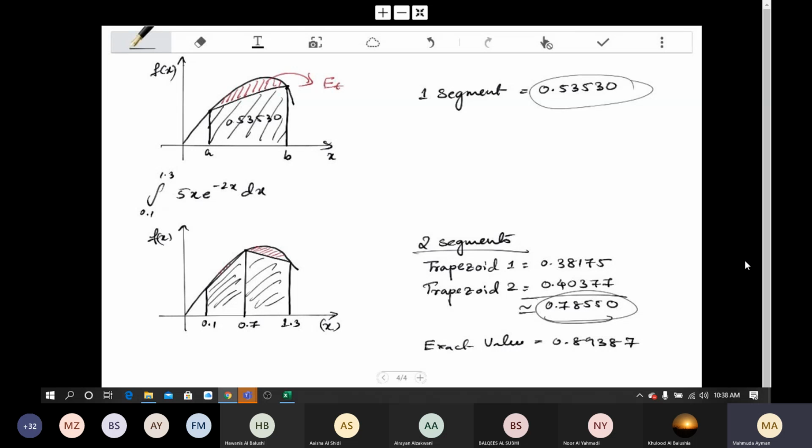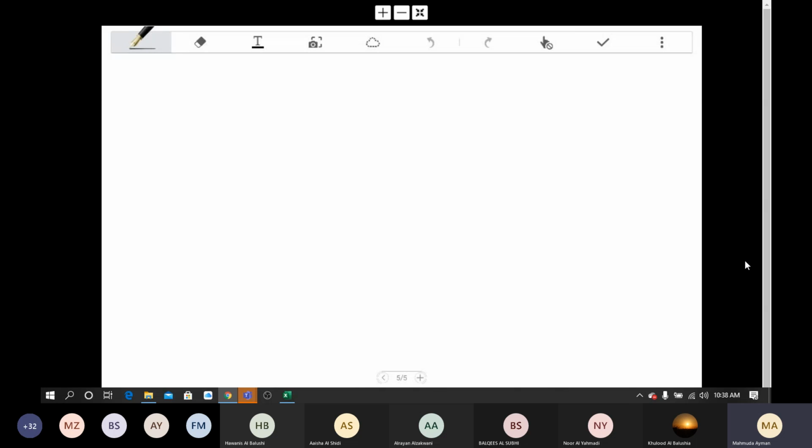But then our aim is not that. Our aim is to derive a particular formula, so that somebody can program it, or simply put the numbers into the formula and get the answers. So let's derive a multiple segment trapezoidal rule.